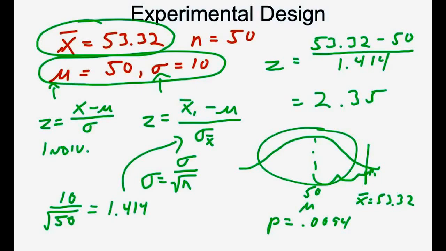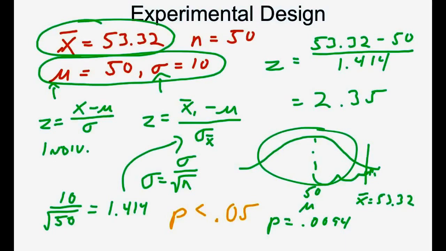And here's the thing. In science, we've come to a general agreement that for the most part, anytime the probability of finding a sample by chance alone is less than 0.05, less than 5%, then we conclude that it's not likely to have come from that population.